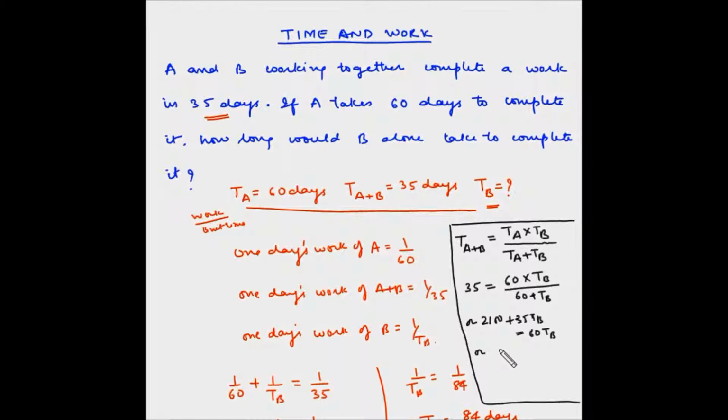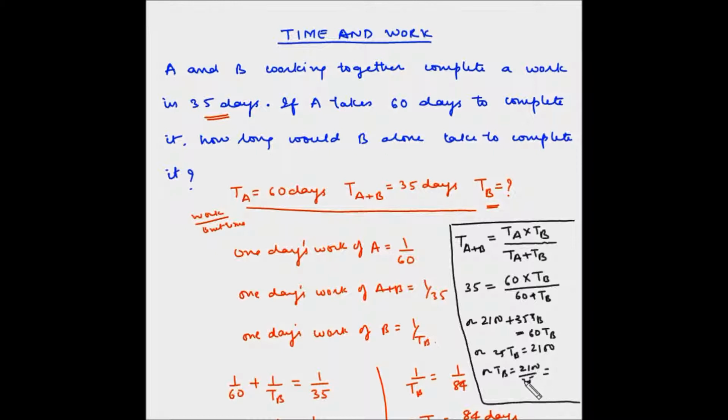Or, so let's bring all TB on one side. So 35 TB will come to the other side. So 60 minus 35, which is 25 times TB is equal to 2100, or TB is equal to 2100 divided by 25.